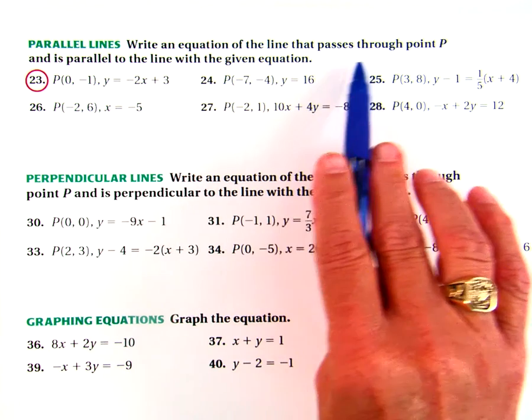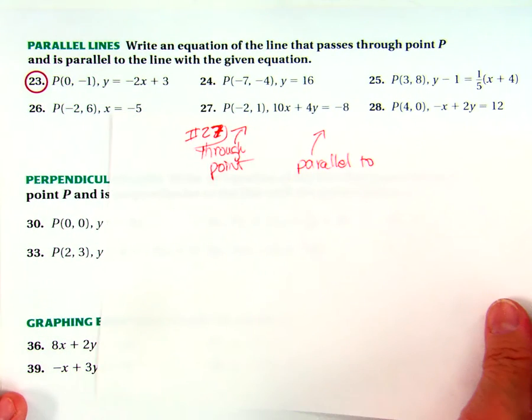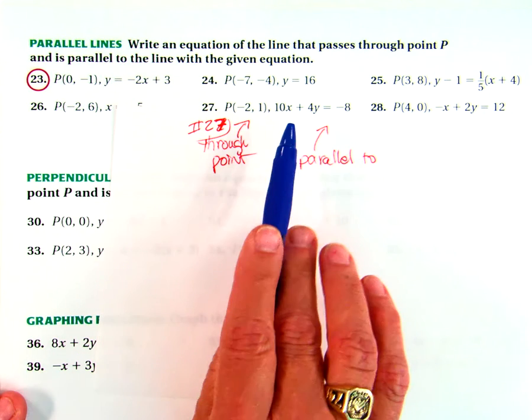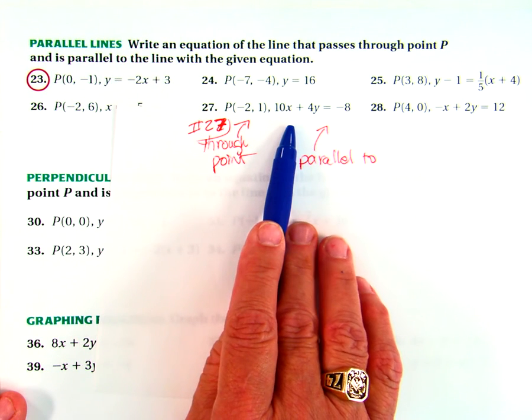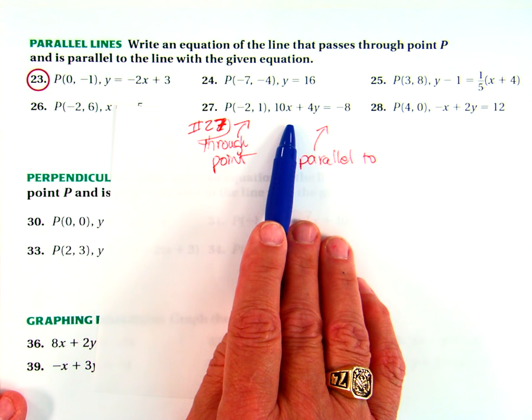Write an equation of a line that passes through the point and is parallel to the line. Let's say, for example, here, it's going to be through that point and parallel to that line. First, you'll have to find the slope. Recall that you can't easily tell the slope from standard form.